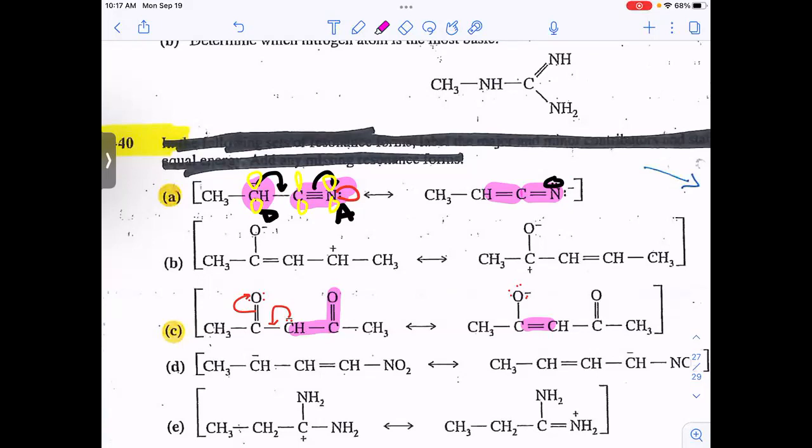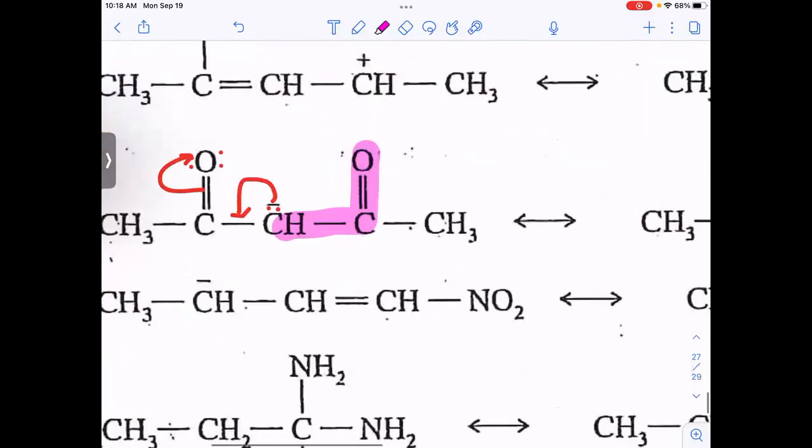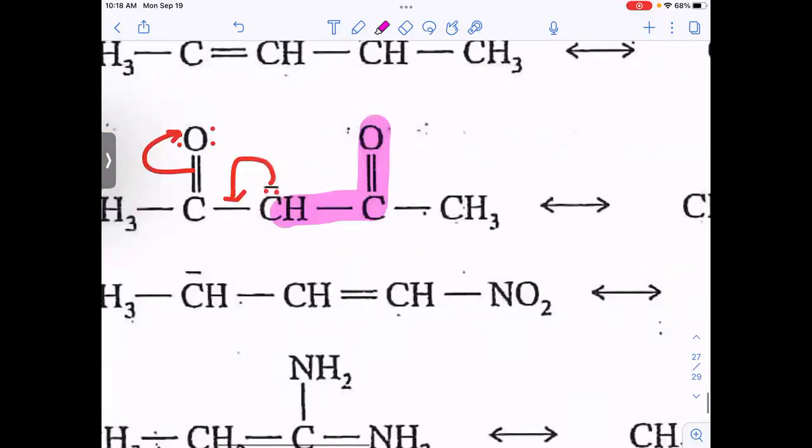It doesn't matter. For C, how would we know when there are lone pairs that aren't shown? Well, in this case, the carbon had a negative charge on it, and that's indicative of the fact that there's a lone pair on that carbon. Anytime I give an exam, though, I don't use this method of not showing the lone pairs.